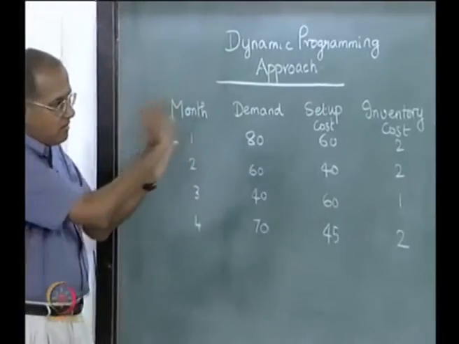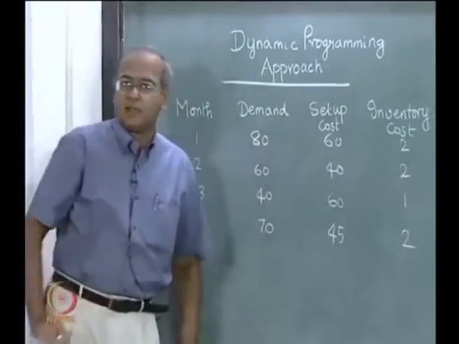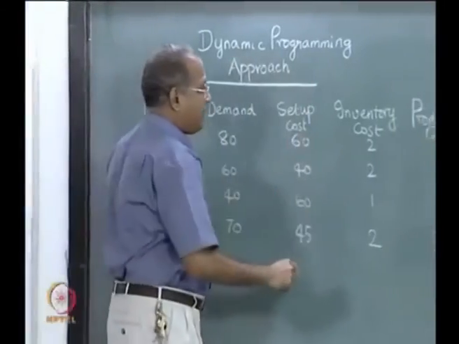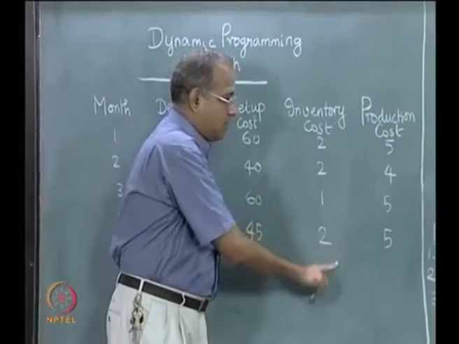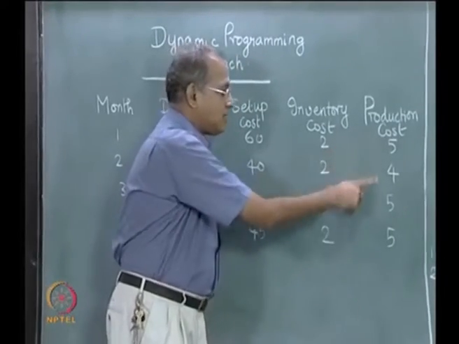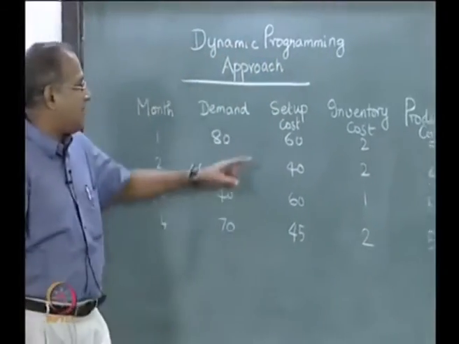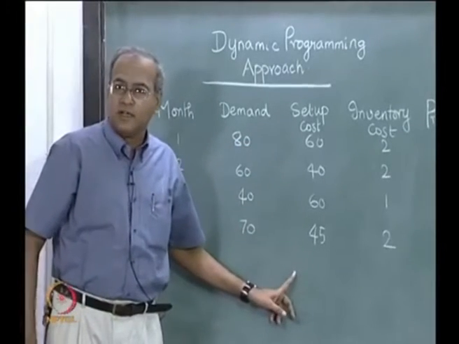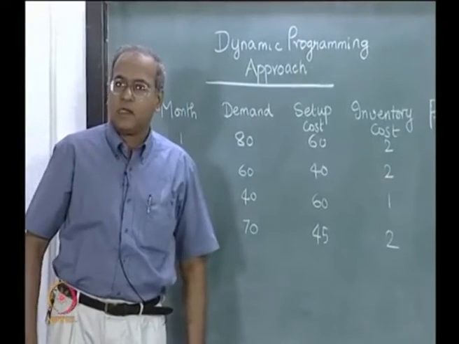Now, in order to bring out the features of the algorithm, we have considered a problem where the inventory holding costs are different in different periods, production costs are different in different periods, and setup costs are also different in different periods.